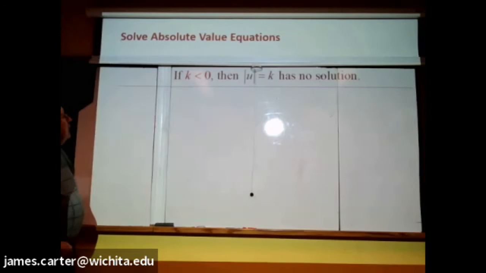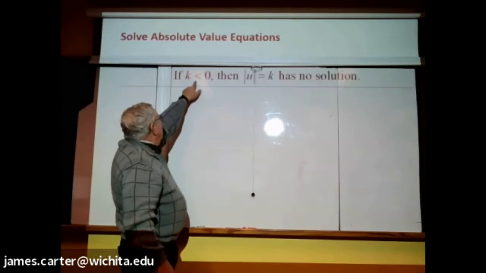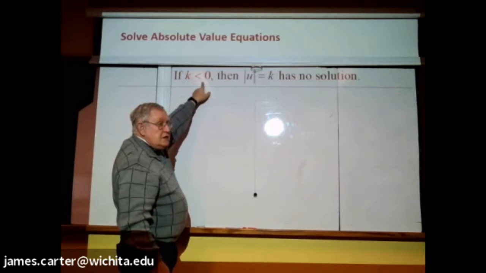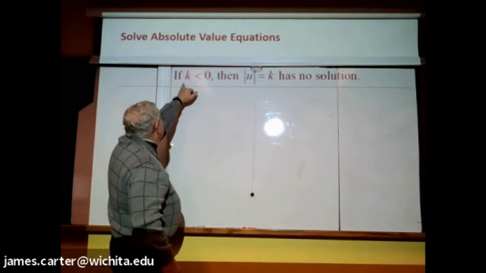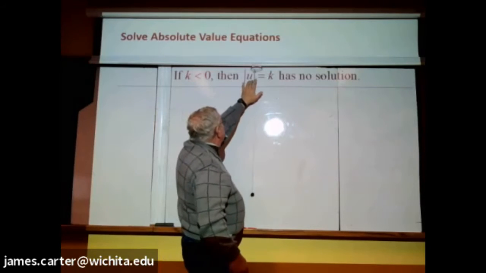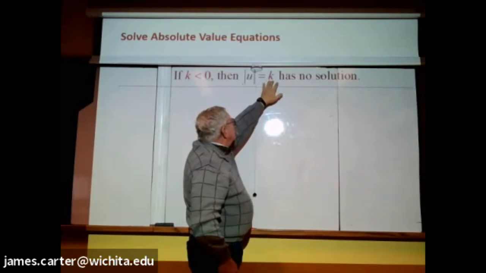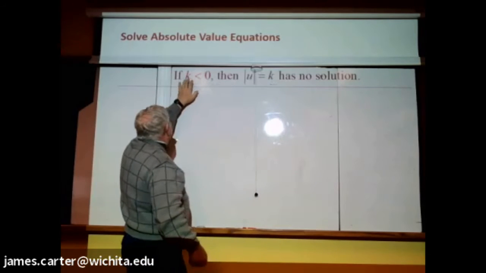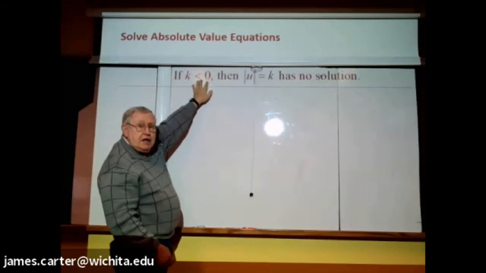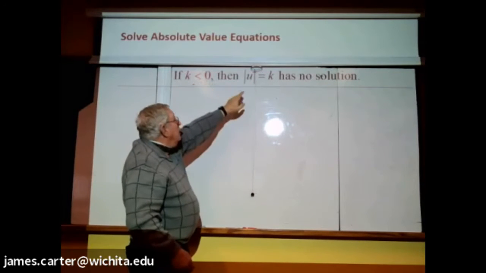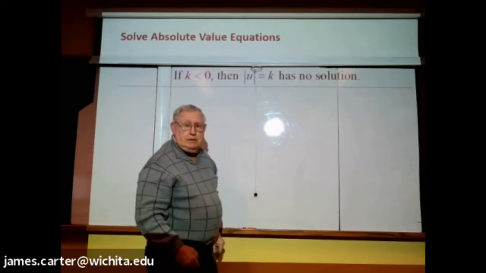Now, what this symbol right here symbolizes, let's translate math speak. Okay, we got absolute value of something equals a number. If that number is less than 0, meaning it is a negative number, then there is no solution.